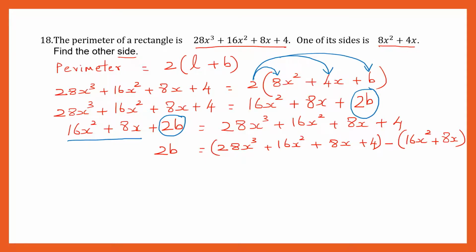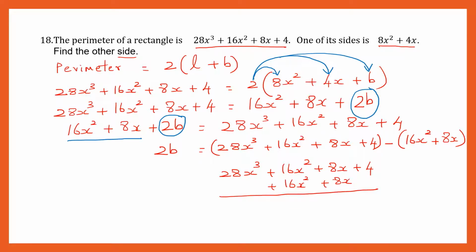Okay, I need to subtract these two. So let's do the subtraction. So that is going to be 28x cubed plus 16x squared plus 8x plus 4. I need to subtract the other term. So let me put it under, 16x squared which has a plus sign, plus 8x. When I subtract, the signs will change in the second row.